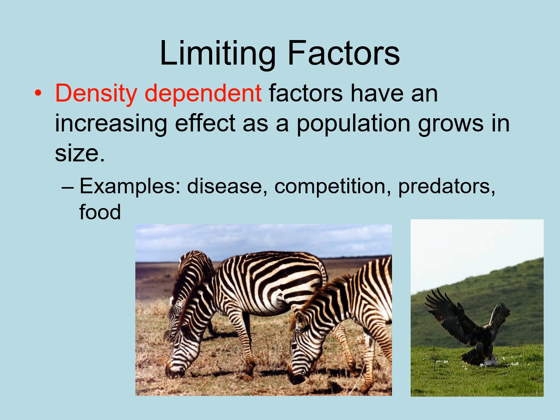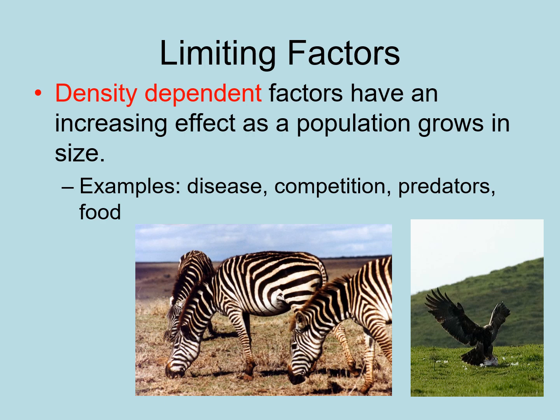So density dependent factors depend on how big that population is as to whether or not it's going to be a big deal. For example, if you were a group of 10 and you landed in a shipwreck on this huge island and there's plenty of fruits, plenty of food, you're able to hunt with no problem, well, that party of 10 is not really going to worry about running out of food.